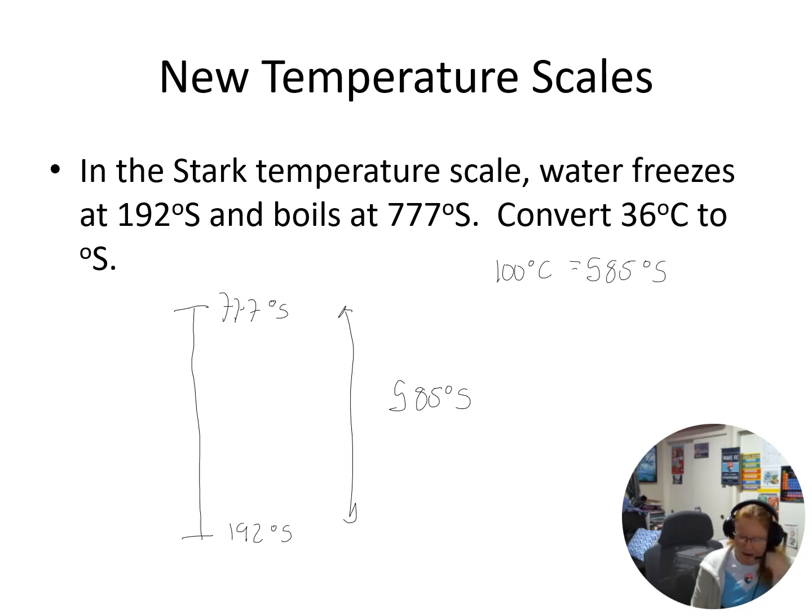Okay, now we're going to go from Celsius to Stark. So that's going to be just like going from Celsius to Fahrenheit. So for our degrees Celsius to degrees Stark, first, we're going to convert the size of the degree.